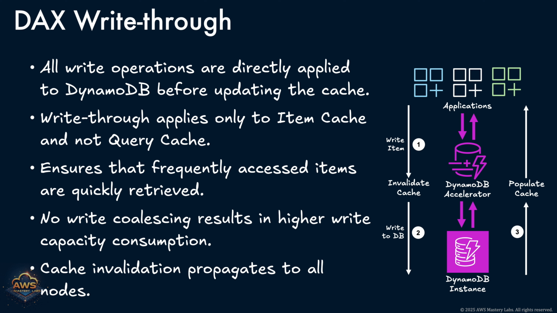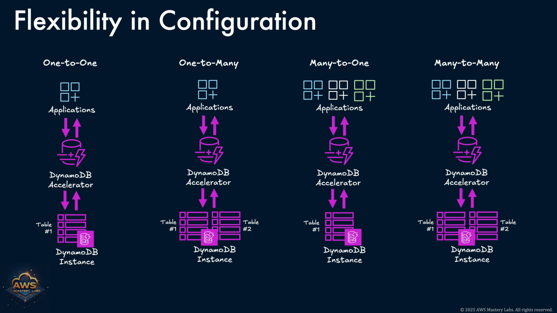data is critical. This illustration highlights the flexibility of Amazon DynamoDB Accelerator, DAX, when it comes to deployment configurations. DAX is designed to seamlessly support a wide range of application-to-table relationships, making it adaptable to different workload patterns and architectural needs. One-to-one configuration.